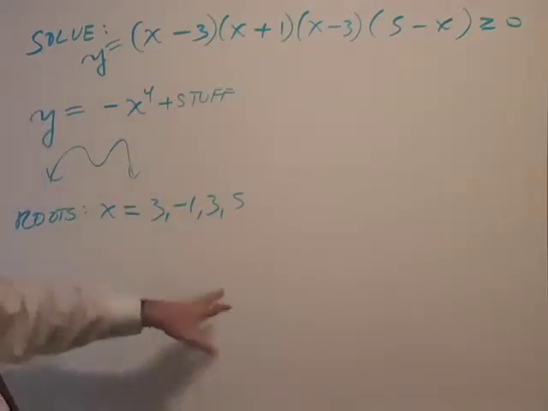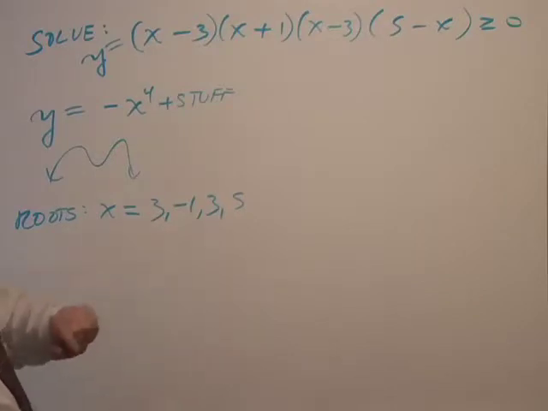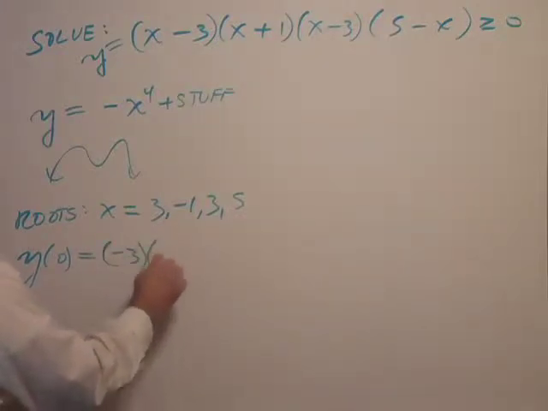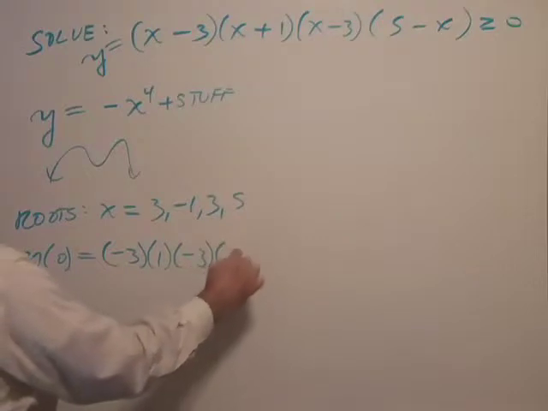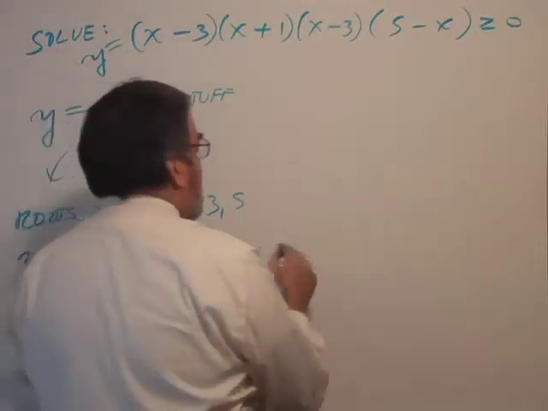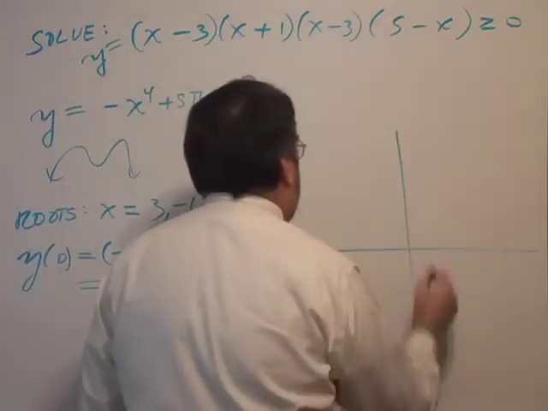We're going to have that polynomial action near that root of 3. And the y-intercept is going to be −3 times 1 times −3 times 5. That would be 45, a positive number. So let's sketch that out.